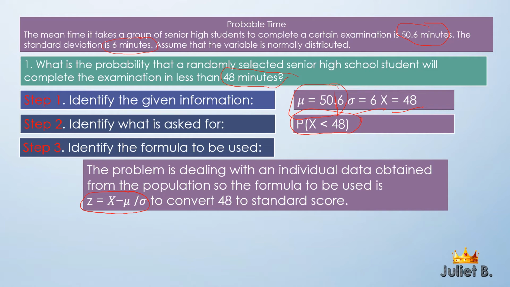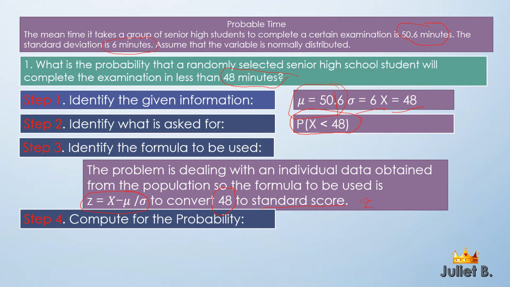So the problem is dealing with an individual data obtained from the population. So the formula to be used is z equals x minus population mean divided by the standard deviation to convert 48 to standard score or z na tinatawag.